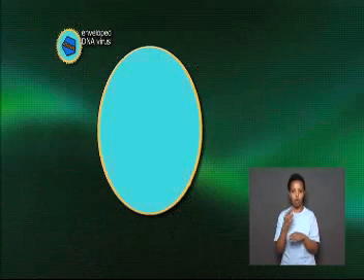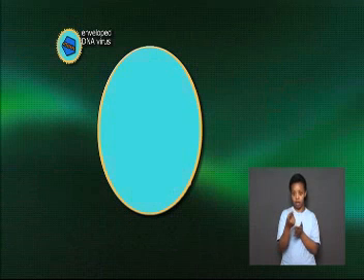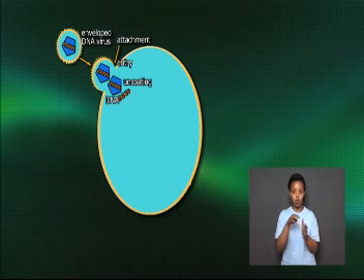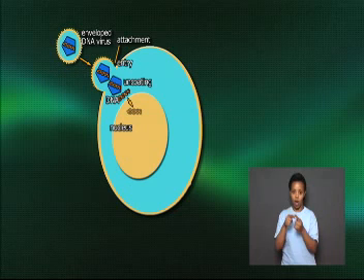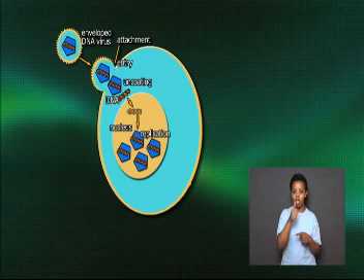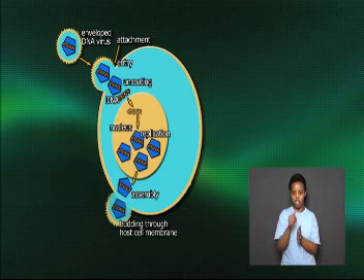This is an enveloped DNA virus attaching to the cell. Once it enters the cell, genetic material of the virus enters the nucleus of the cell. Then the genes replicate. After genes are replicated, the virus reassembles and escapes through the host cell's membrane.